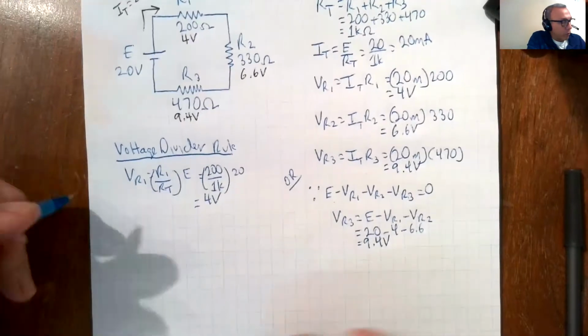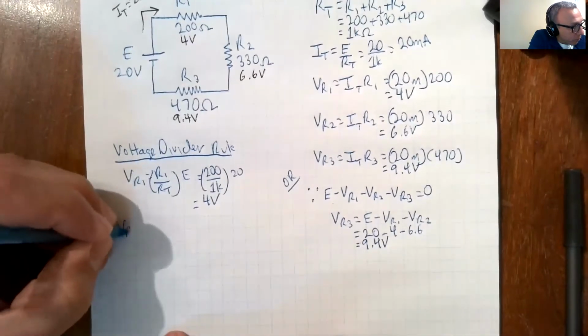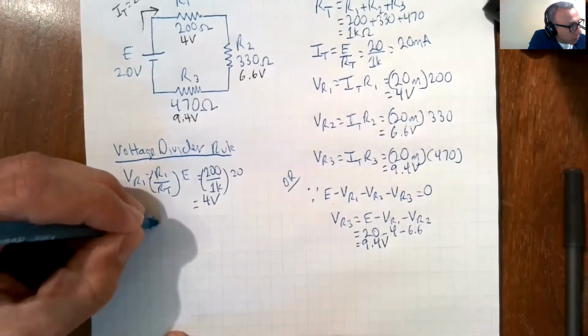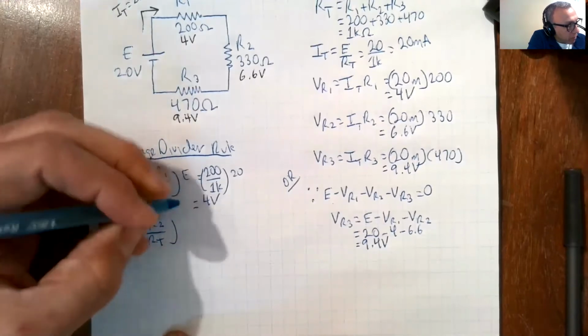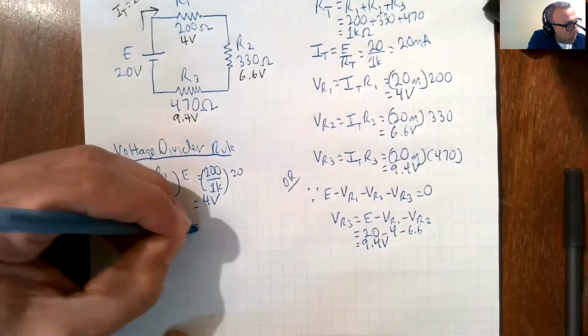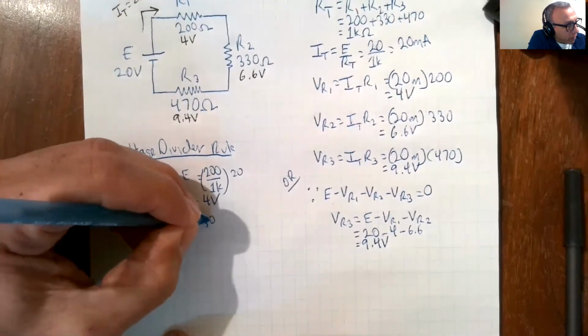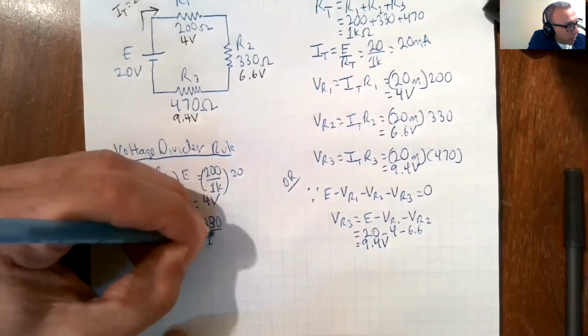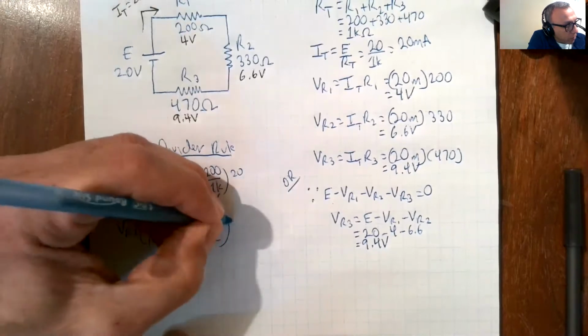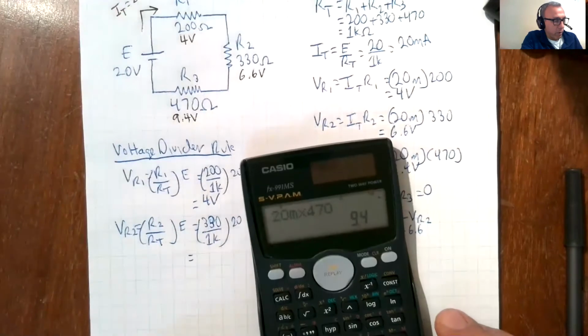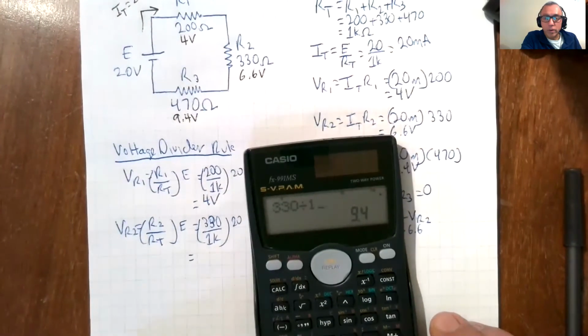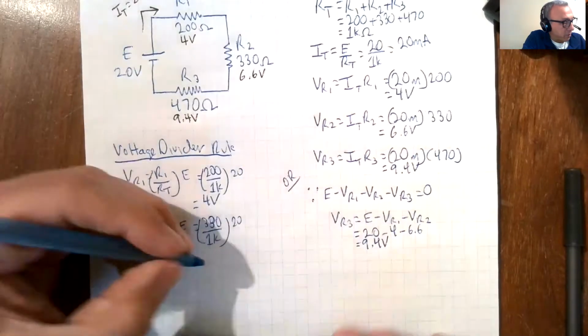Okay, so VR2 is equal to R2 over RT times E, which is 330 over 1K times 20. And that is equal to 330 divided by 1,000 times 20, and we get 6.6.